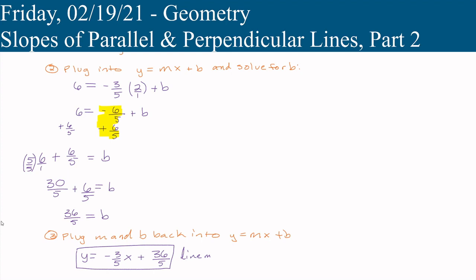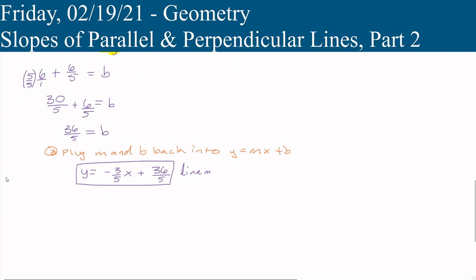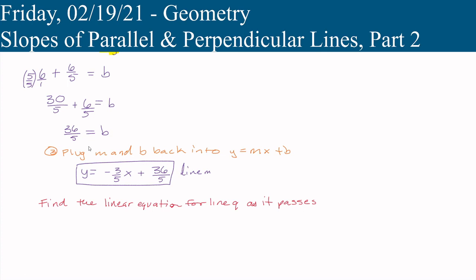Remember, it also asked for the equation for line Q. So let me set you up, but you are going to have to find this. So find the linear function, the linear equation for line Q as it passes through a given coordinate.